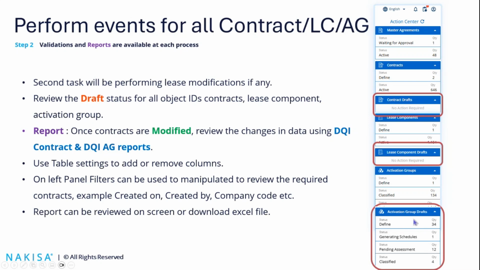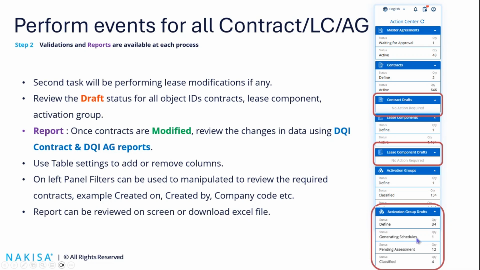This means a user can click from the action center on the UI, and once you click on this, it will display on the landing page of the activation group all the different activation groups that are in that status. In draft means it is not the active contract draft, it is actually a lease modification.